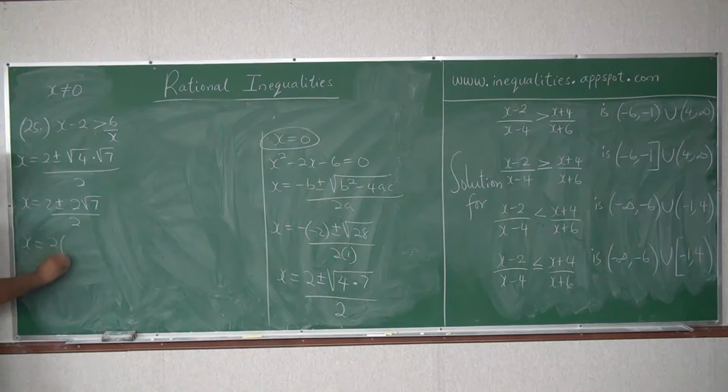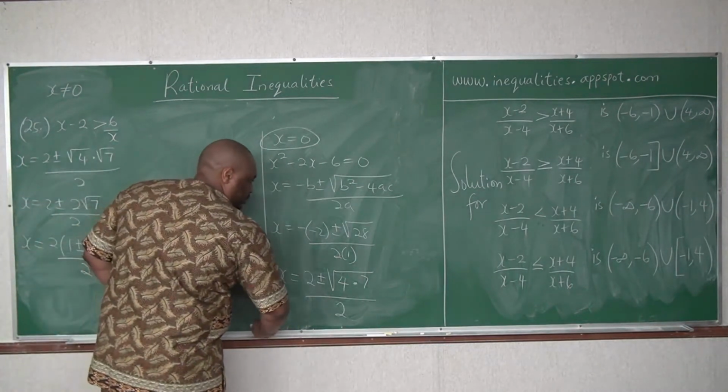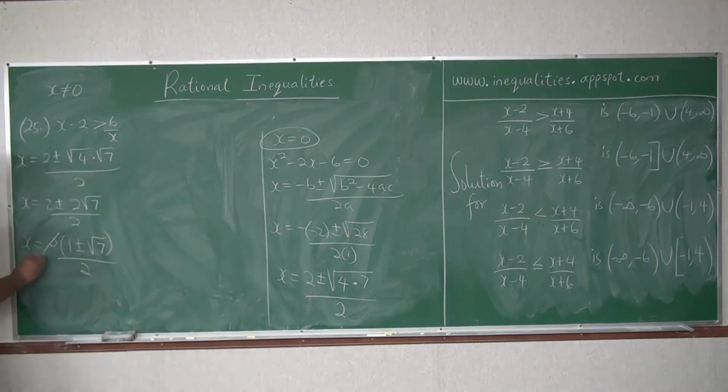Now I factor by GCF. The GCF is 2 for the numerator, so we bring that to 1 plus or minus square root of 7 over 2. So 2 crosses out 2, and our x is 1 plus or minus square root of 7.